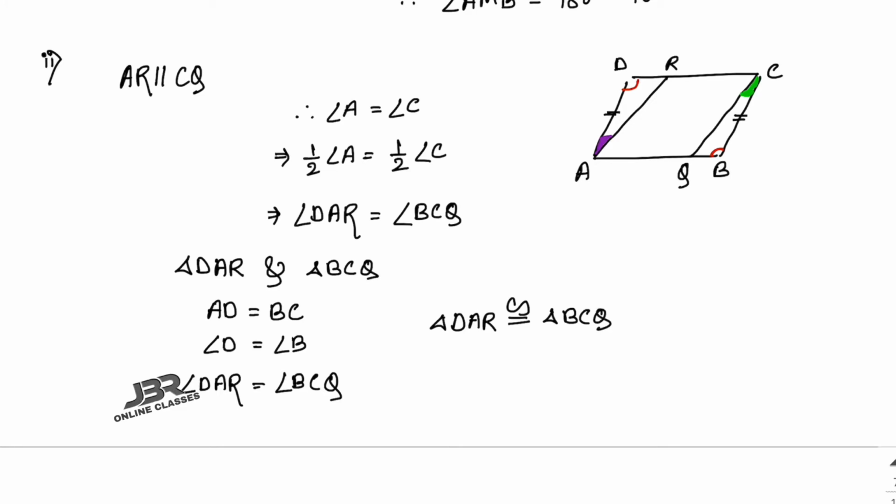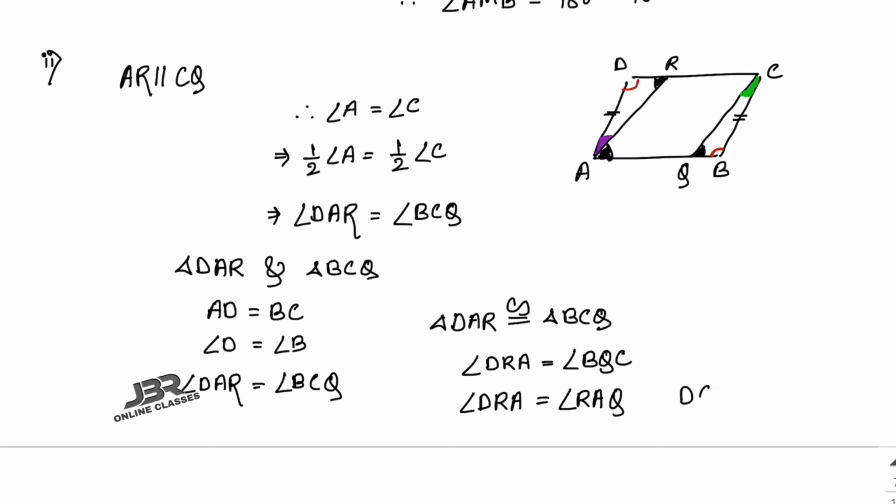That means you can write angle DRA is equal to angle BQC. So angle DRA, this angle, is equal to this one, BQC. Now also angle DRA is equal to angle RAQ. Why RAQ?